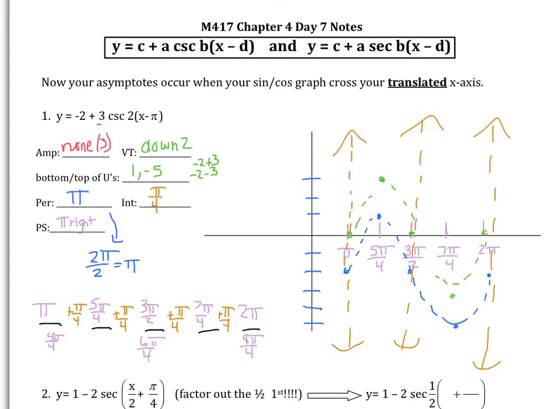So that's where my asymptotes go. And then I'm going to draw my U-shaped graphs off of my translated sine graph. So this is my graph for cosecant. My asymptotes end up being at pi, 3 pi over 2, and 2 pi.